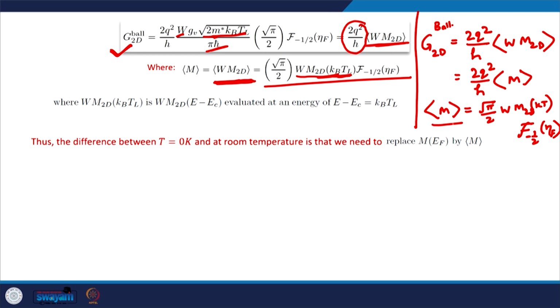So, what this means is that this average of M is the average of modes in the Fermi window, in the energy range of kT.